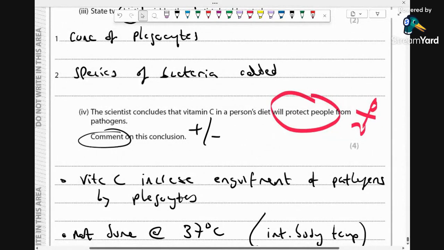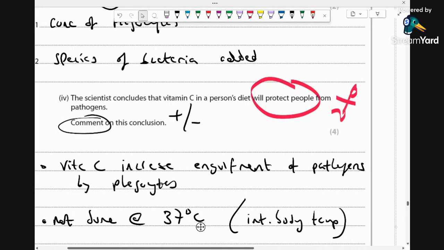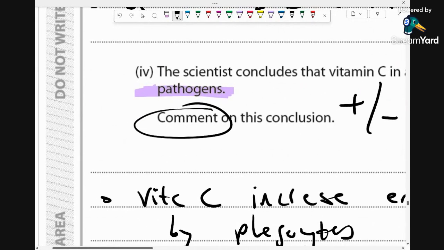Anything else here? Vitamin C, person's diet will protect people. Okay. Well, it's not even done in a human, is it? Right, it's all well and good saying that. This is done in a test tube, and actually also pathogens. Do you know what a pathogen is? Right, pathogens can be bacteria, but they can also be fungi, right, and they can be viruses, right, and various other things.